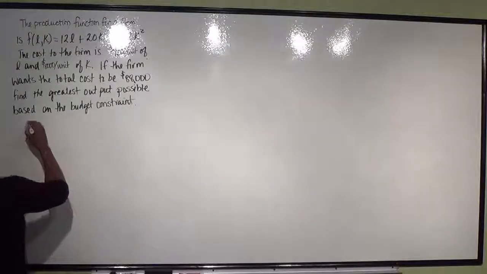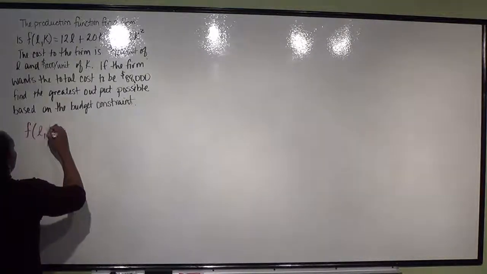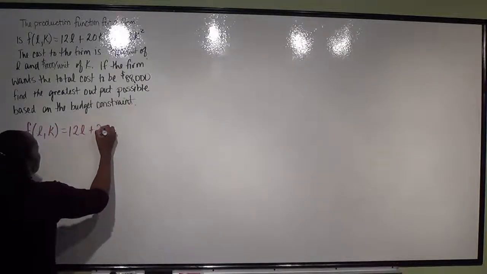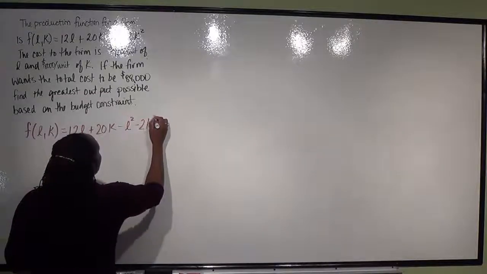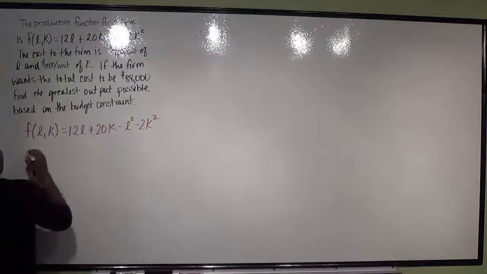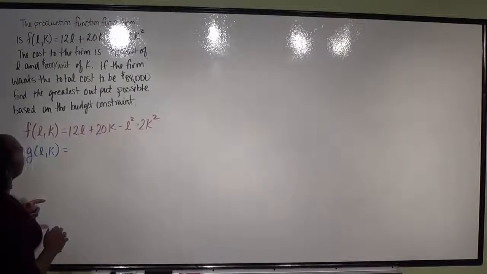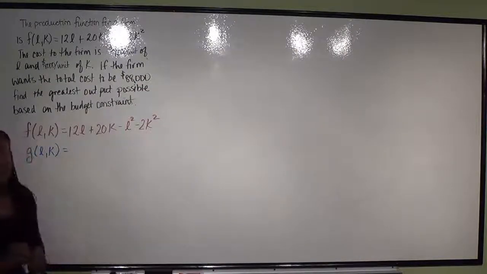We're going to let f again be our function we want to optimize. And our g is going to be our constraint. So here we can see if we take 4,000L plus 8,000K, that has to be at most 88,000.